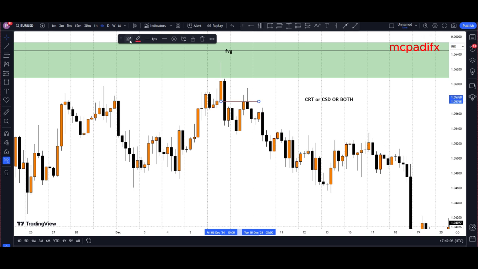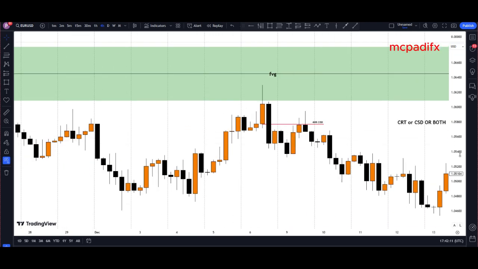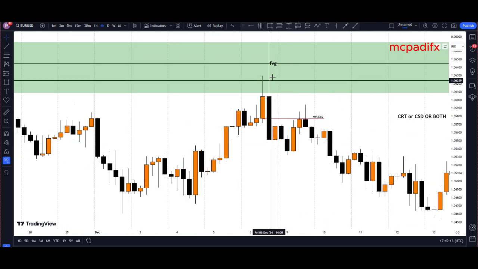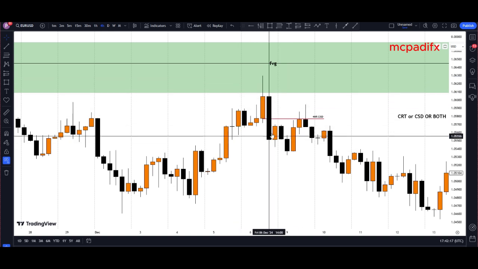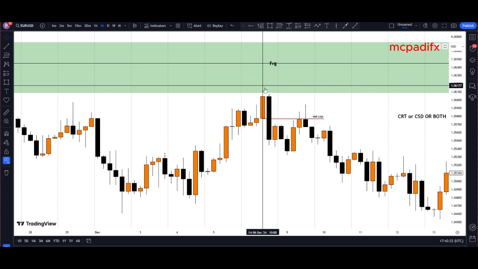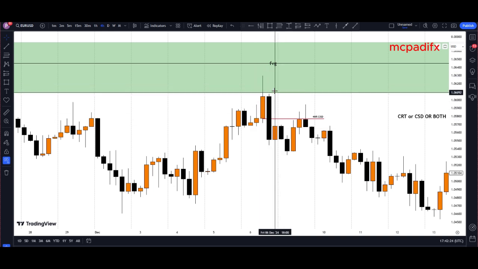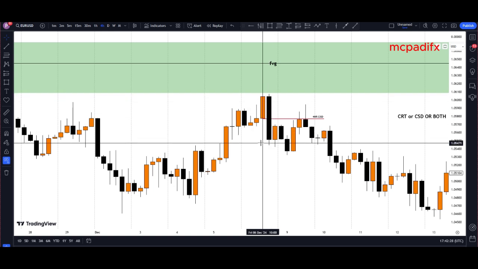So now we see that we formed CSD here, because the candle that tapped into the fair value gap, the next candle that opened closed below it. This is telling us that the sellers that were here were more than the buyers that were here. That's why price dropped. You understand?